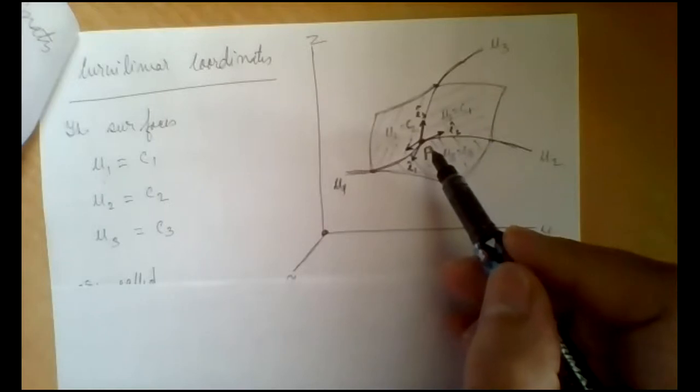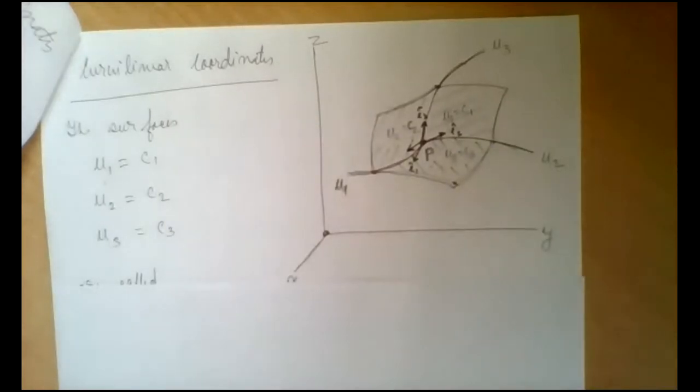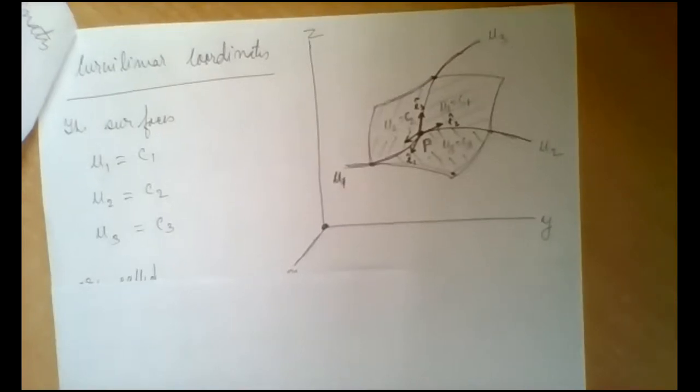For a normal to a surface, we use the gradient.